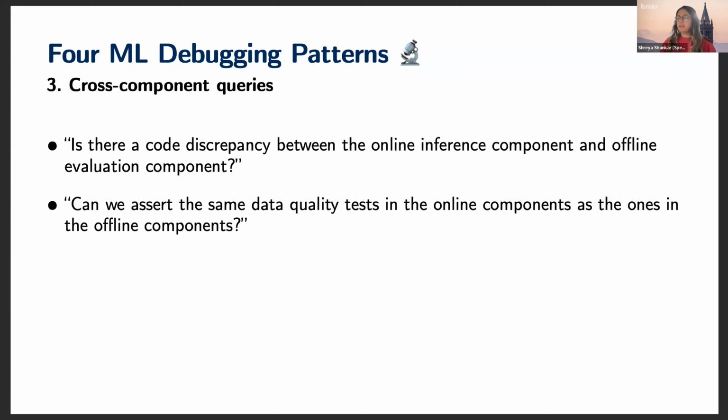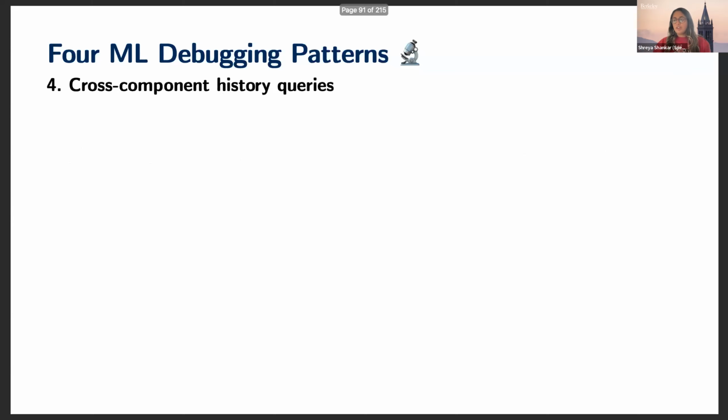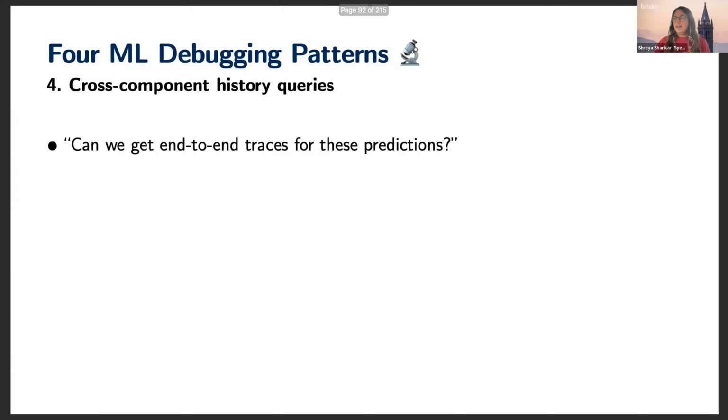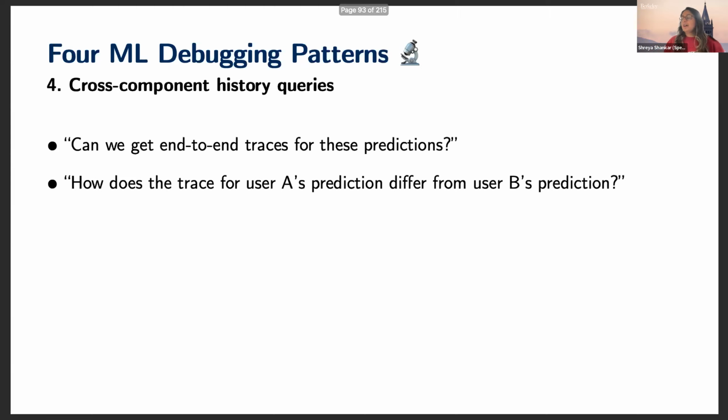And then lastly, the fourth debugging pattern is cross component and stateful, the history queries. These are quite complicated to monitor, like things where I want end-to-end data traces for each prediction over the last, say, six months, and look into some anomalies. I'm interested in how the trace from user A's prediction differs from user B's prediction.